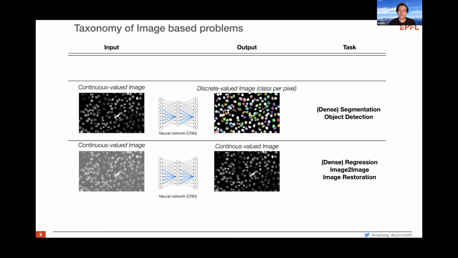And for object segmentation or cell detection, the input is a continuous valued image and the output will be a discrete valued image, right? So every pixel will be assigned one of many discrete classes. And this could be, for instance, foreground or background, but this could also be different pixel IDs or different cell IDs, right? But it's always a discrete set. And if that's the case, people speak about segmentation.